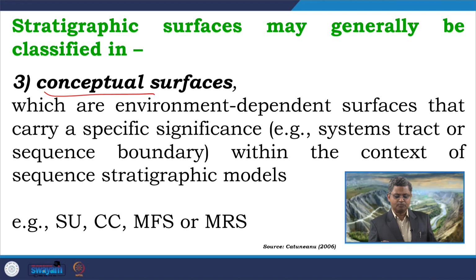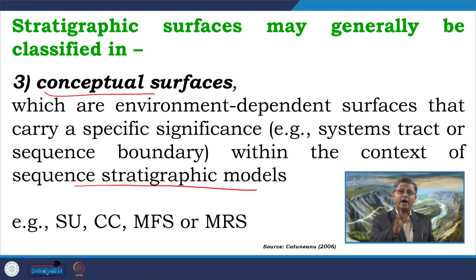In this case, we are interpreting a surface with respect to its occurrence, its position in the context of the sequence stratigraphic model. We are trying to identify a surface with respect to the stratal packages and interpreting them with respect to the depositional systems. We are also looking at the nature of the stratal stacking pattern with respect to the shoreline trajectory.